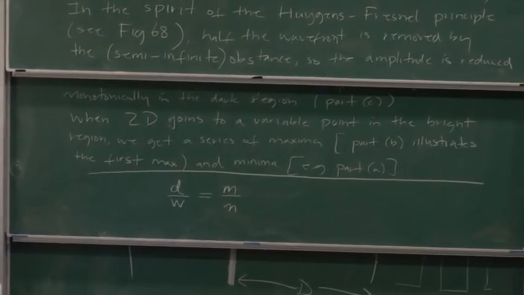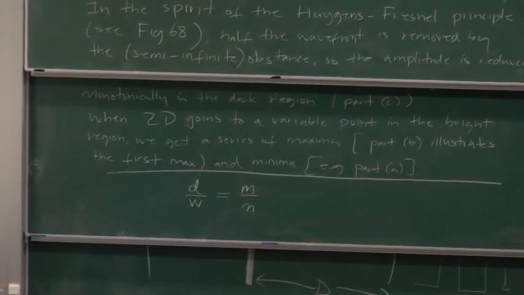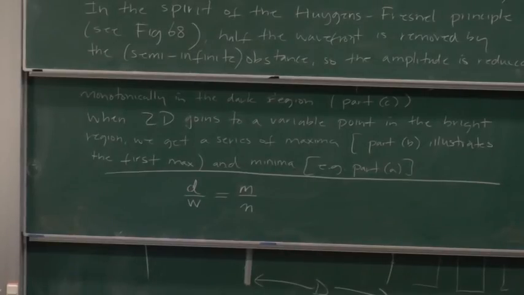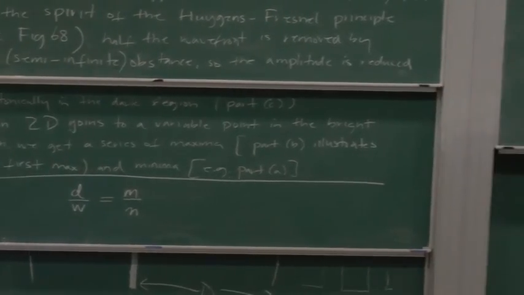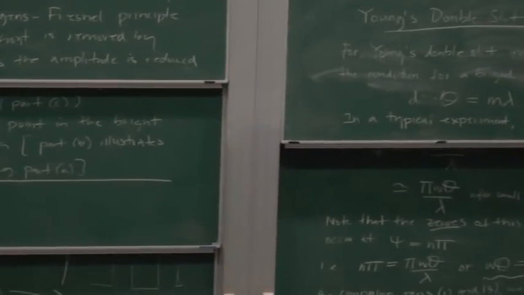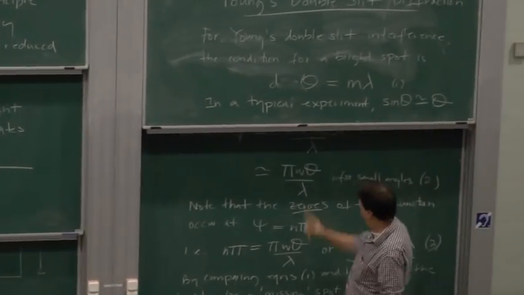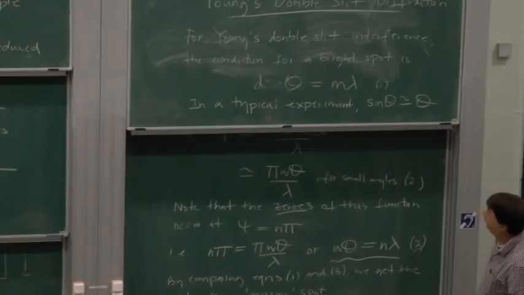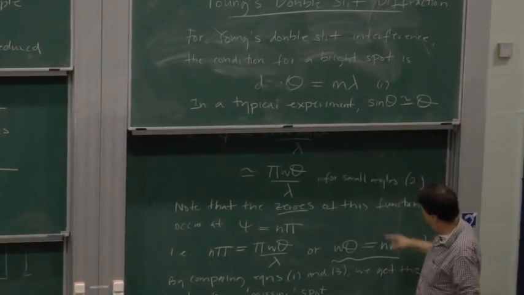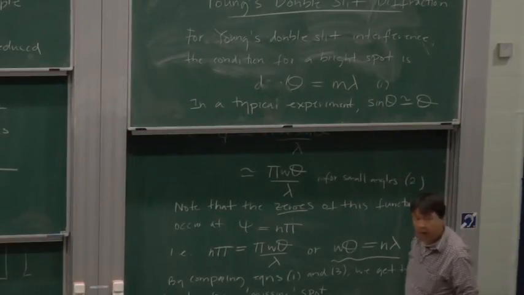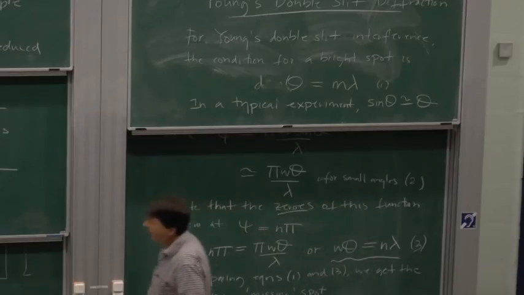But if you clearly put those two together, well, if d theta is m lambda and w theta is n lambda, and you divide one equation by the other, on the left-hand side you get d over w and the thetas cancel, and on the right-hand side you get m over n, and the lambdas cancel.